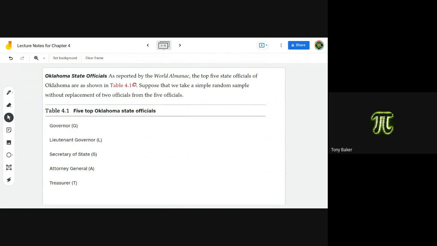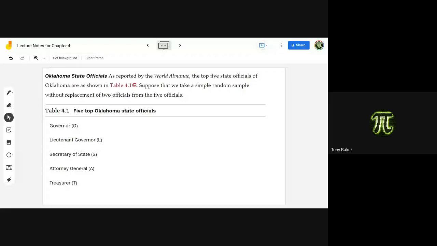All right. So in this problem right here, they want a random sample of 2 officials. So we want to pick 2 of the 5 jobs here, and then we'll ask some questions about them. The first thing we want to do before we do that is list all the possible ways.